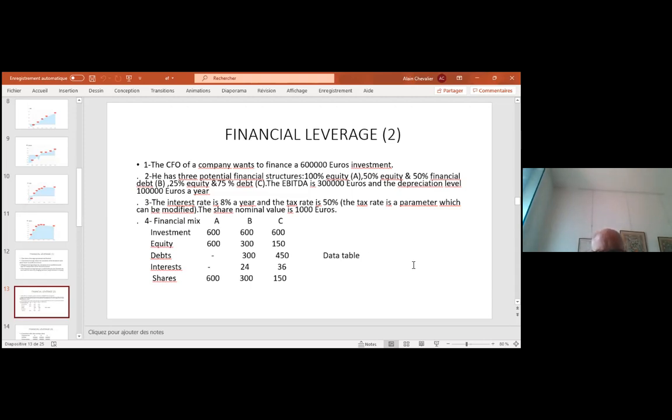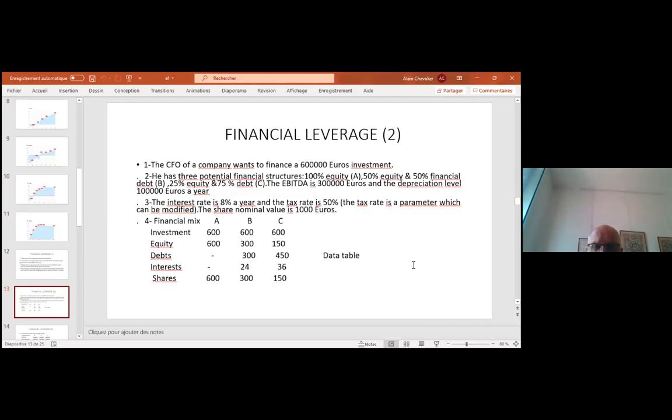In this data table, we integrated also the interest paid per year and the number of shares. Interest paid is, of course, 0 when you finance by 100% equity. It is 8% of 300, which is equal to 24 in the second case, B. 300 multiplied by 8% is equal to 24.